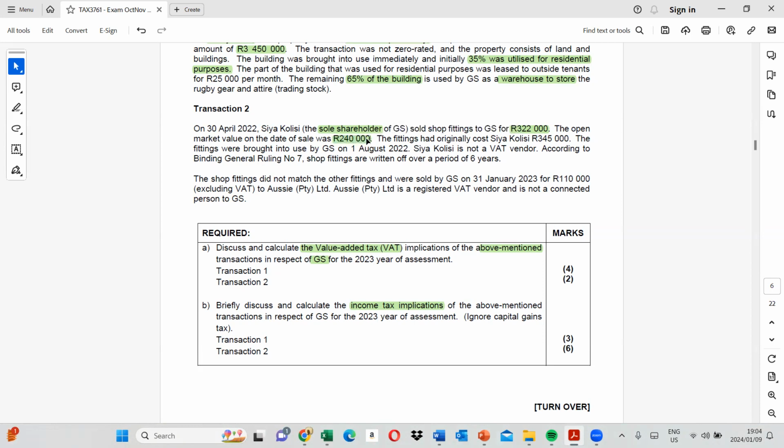So which means GS is purchasing from a connected person, all right? So in terms of this, there is VAT input, but it's coming from a connected person. So at what price are we going to claim VAT input? So we claim VAT input at the lower of cost and market value.